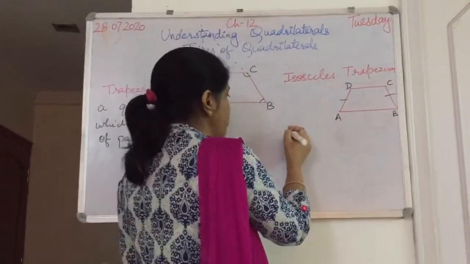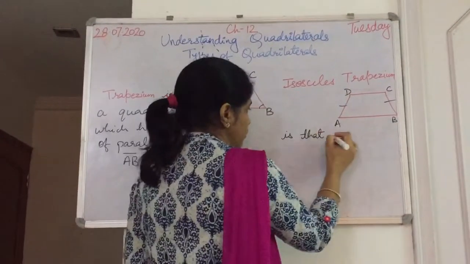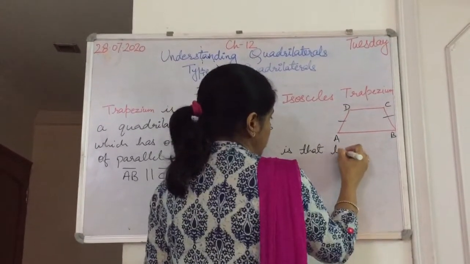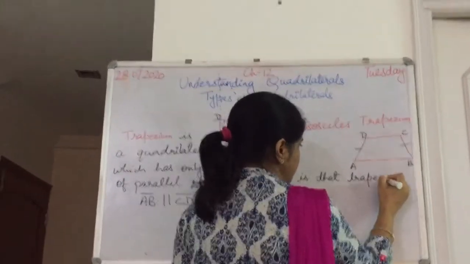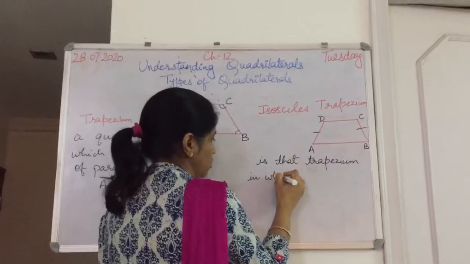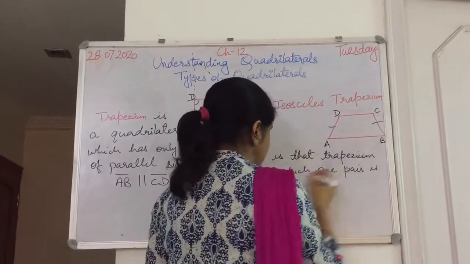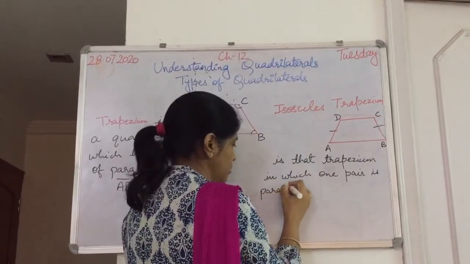So isosceles trapezium is that trapezium in which one pair is parallel.